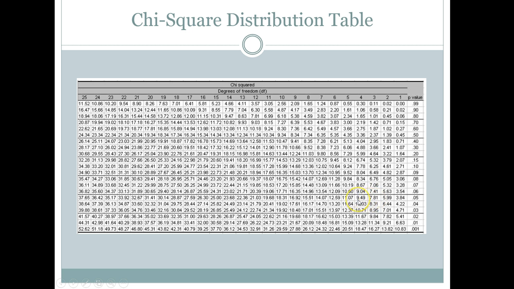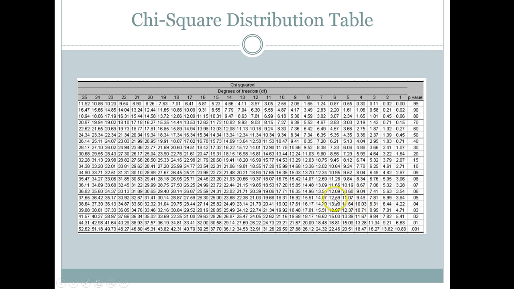What we need is 9.49 for our computed chi-square statistic to achieve a 0.05 significance. Our computed chi-square test statistic for our sample was actually 12.